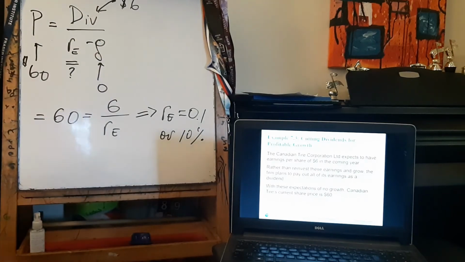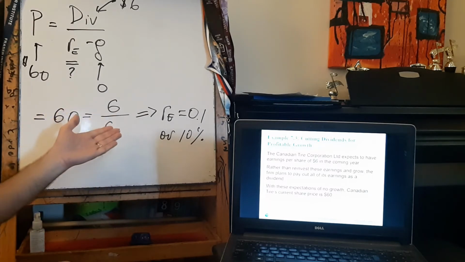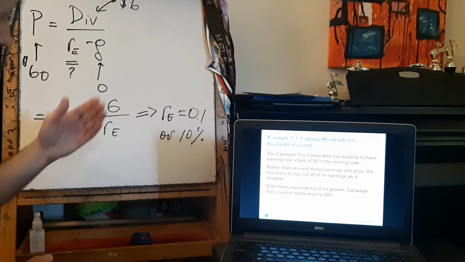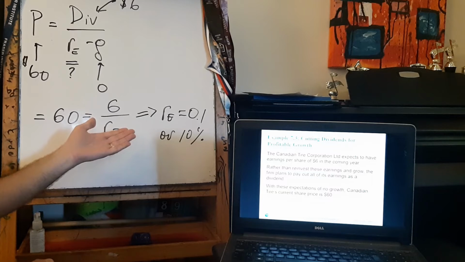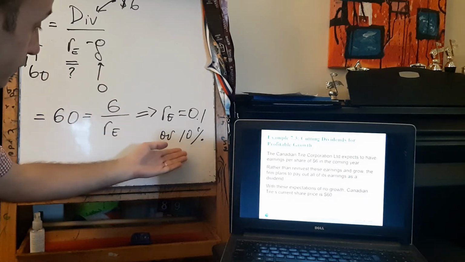So the calculations are not that complicated, but how do we interpret this? What does this RE mean? Well, we would say, opportunity cost of capital or average return on previous investments that Canadian Tire had. And so based on this number, what can we say?